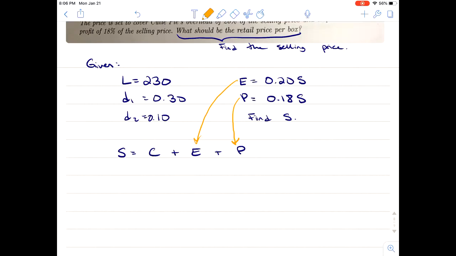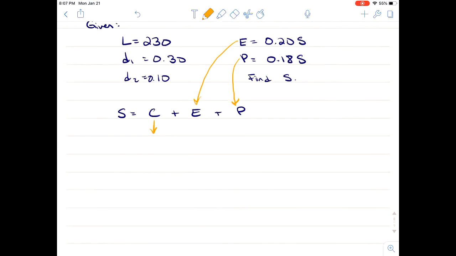But because C is unknown, we have to figure out that C is the cost. And so the cost to Cutie Pie Cosmetics Supply, hard to say. That's where that fact comes in, that at the retail level, so at the store level, the cost is the same as the net price. Can you guys see that?